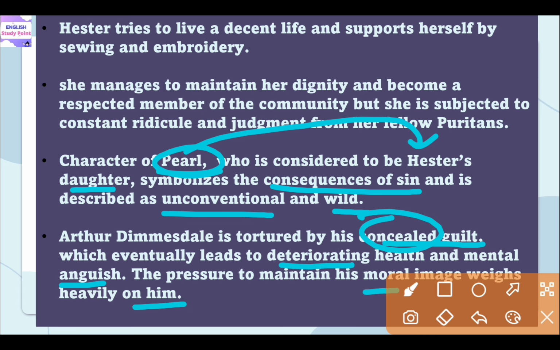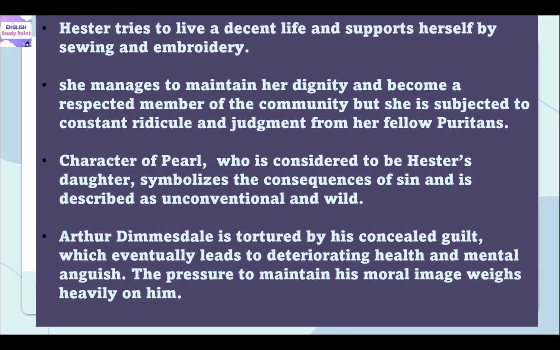Though this line, the pressure to maintain his moral image weighs heavily on him, also suggests that he becomes weak, Arthur Dimmesdale becomes increasingly weak and frail as his conscience eats away at him.